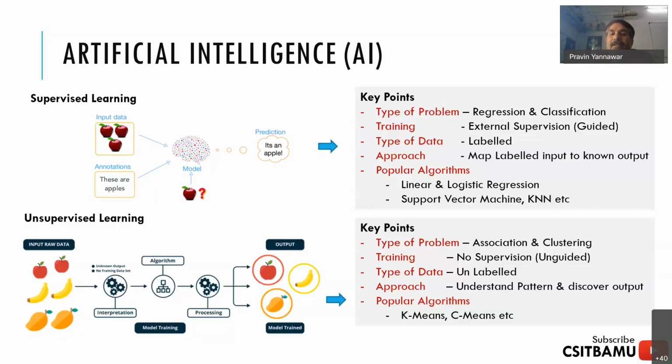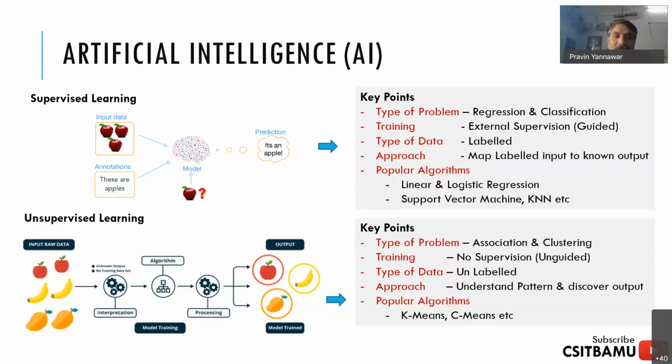That is never a good solution. What is expected here is you need to understand what type of problem you are dealing with, what kind of data you have, and what type of approach you are going to follow. Based on that, you can decide whether you are going with supervised learning or unsupervised learning.